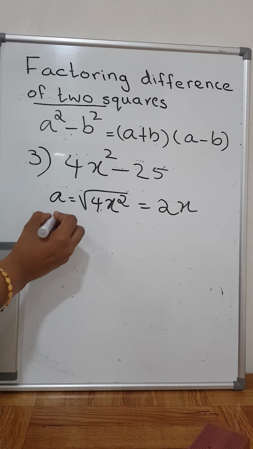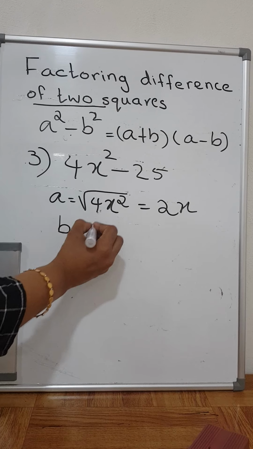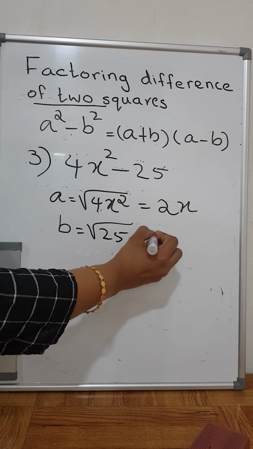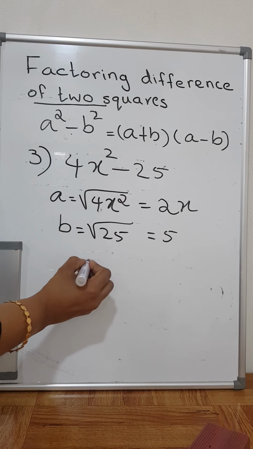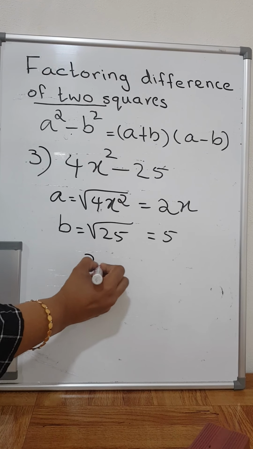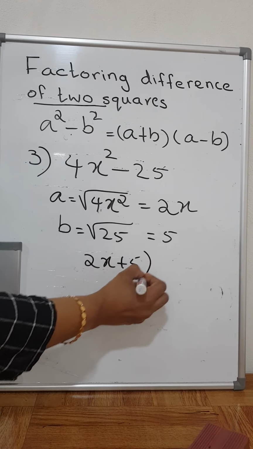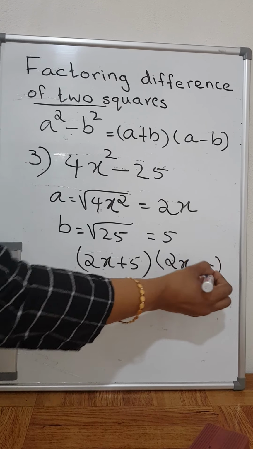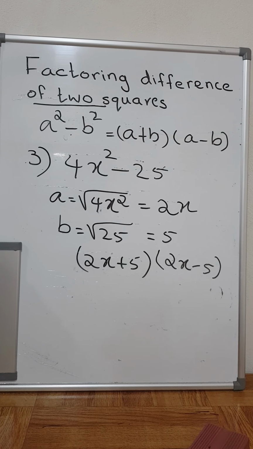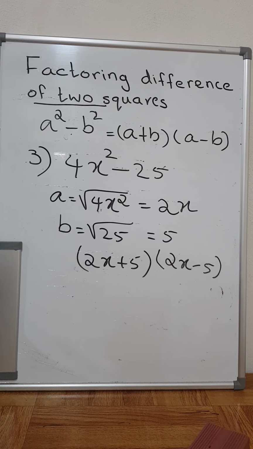B square is 25, so b is root of 25, that is 5. So 4x square minus 25 is equal to 2x plus 5 times 2x minus 5. Let's see the next one.